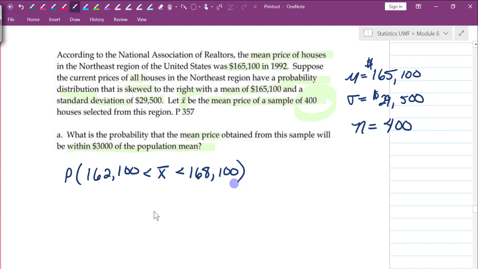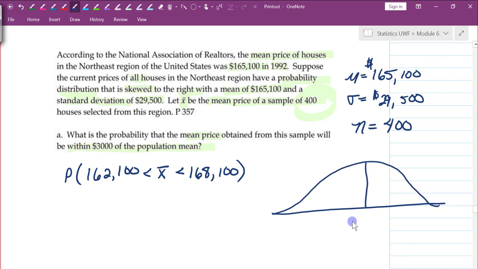Now we're going to draw a picture that represents this question. We're going to put in the very center 165,100, and then we're going to label to the left 162,100, on the right 168,100. We're going to highlight the area in between of interest.